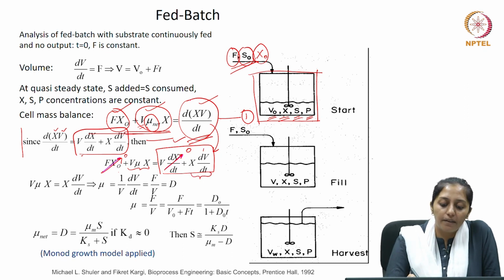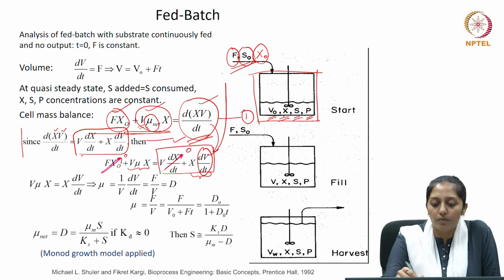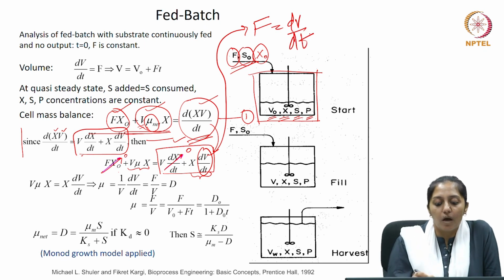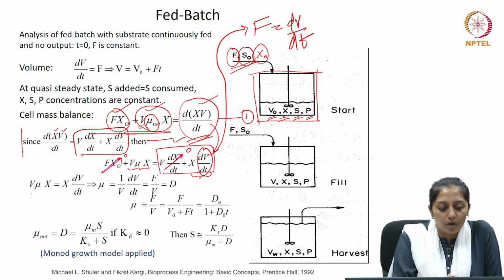Now you know dV by dt was equal to F. So now we will substitute F in place of dV by dt here, and also V mu X, which is here.